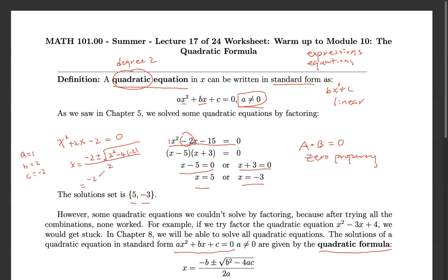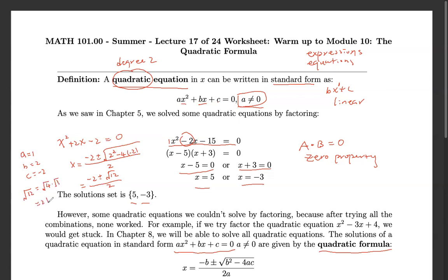Then we have -2 plus or minus the square root. Now let's see, 2 squared is 4, minus 4 times -2, that's positive 8. So 4 plus 8 is 12, square root of 12, divided by 2. Remember, the square root of 12 can be simplified because the square root of 12 is the square root of 4 times the square root of 3.